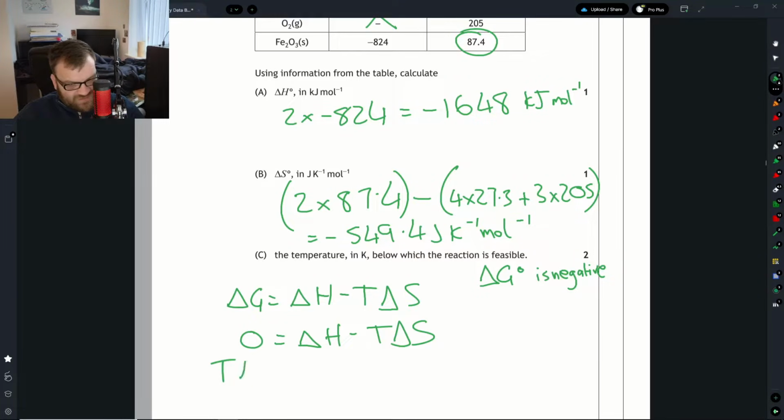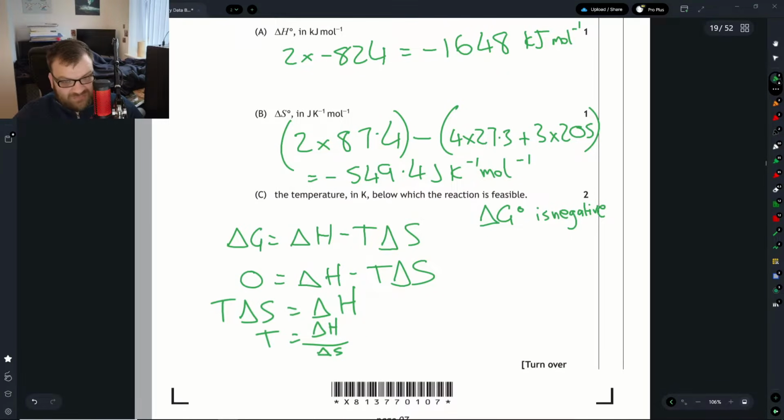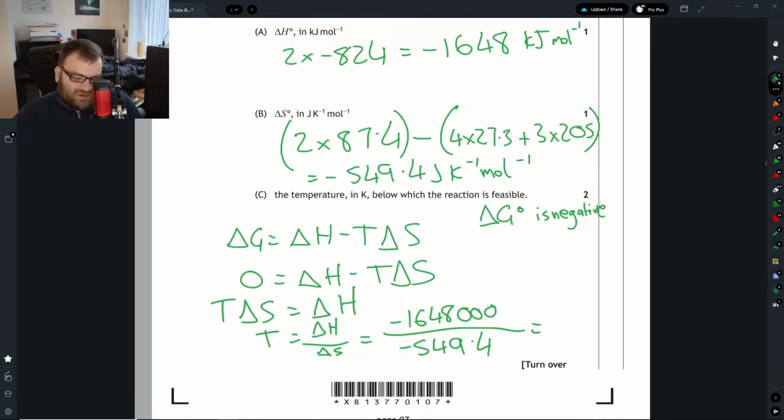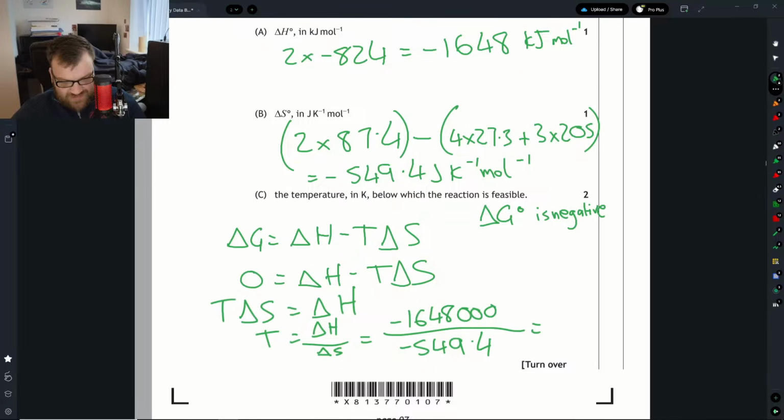We move T delta S across. T delta S will then equal delta H. So T will equal delta H over delta S. Putting in the numbers, I'm doing it this way around, so I would do minus 1648 with 3 zeros, by 1,000, divided by minus 549.4. Did it the other way around, you'll get exactly the same answer, so it doesn't matter.